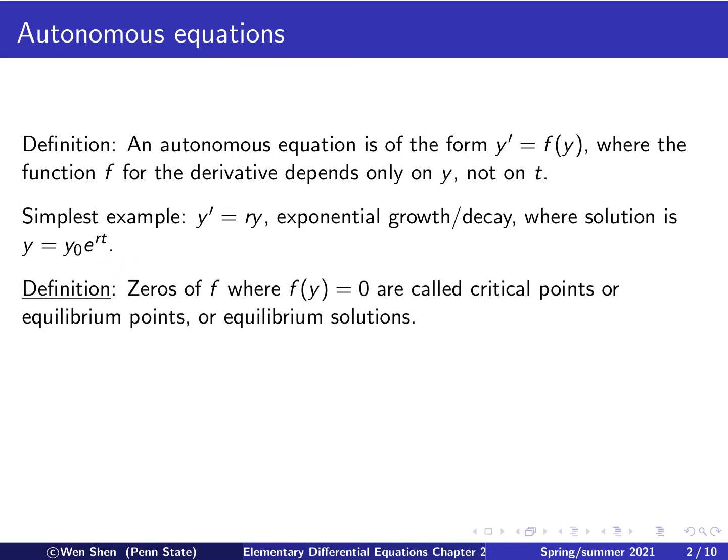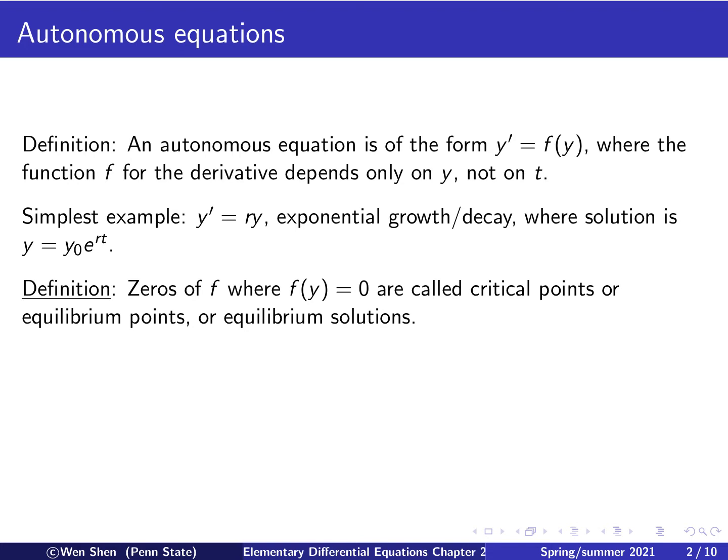From our study of the directional field of ODEs, we have seen such examples, and we notice that the zeros of the function f of y are of particular interest. So here is a definition for these.